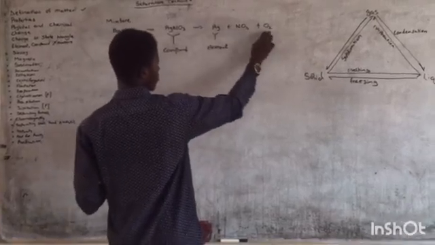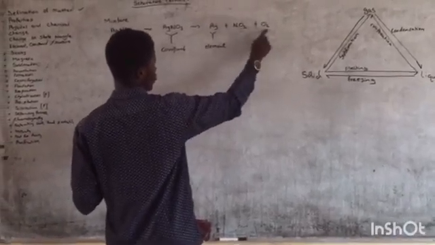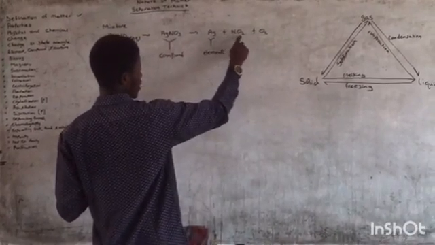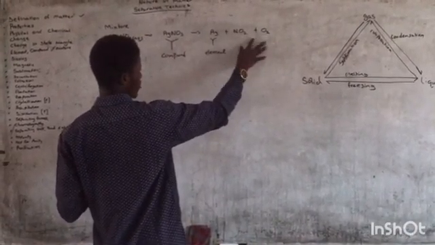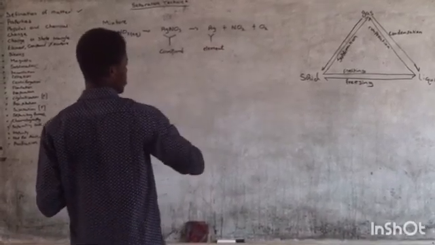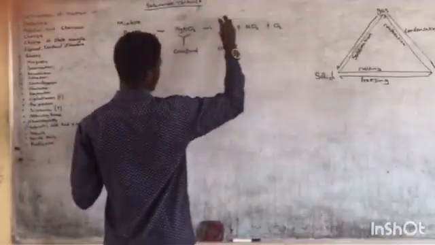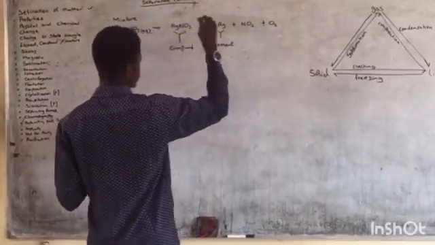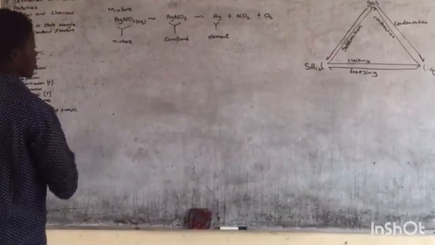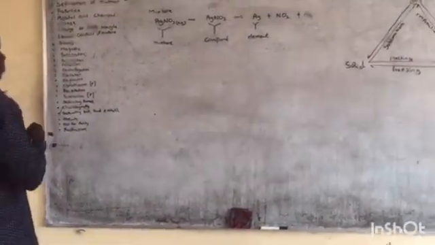You can break the others because there are still two or more: this has two, this has three, one nitrogen and two oxygen. You can still break those, but you can never break this. That's why you define an element as any substance that can never be divided further into simpler units. That's element, that's mixture, and that's compound.